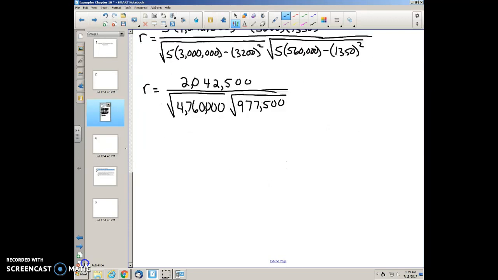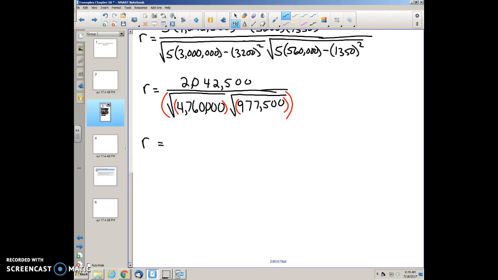Okay, then, now that we have each portion simplified, we go ahead and type this in our calculator. If you're typing this in your calculator, make sure your entire denominator is in parentheses. And then many times the calculator will need parentheses around the numbers that are in the square roots as well.